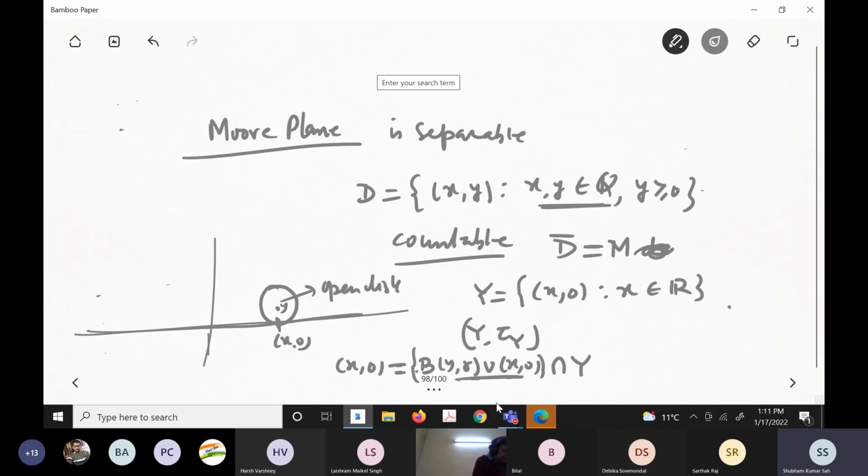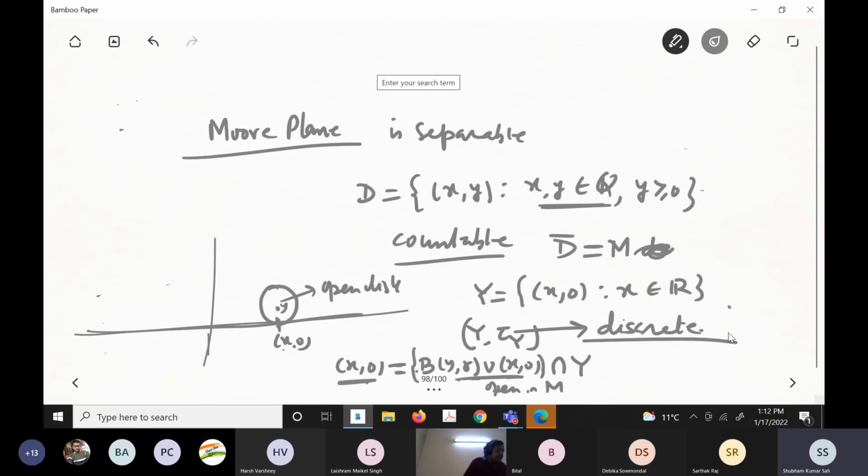Because this is actually a basic open set. So this is open in M. So this is open. That means every singleton is open here in the subspace topology. That means what subspace topology are you getting? Every singleton is open. That means you are getting the discrete topology.